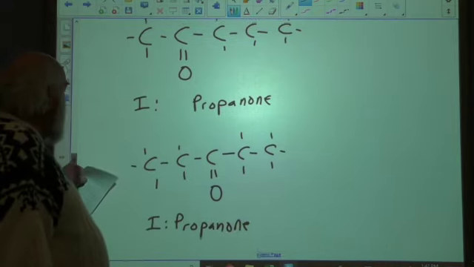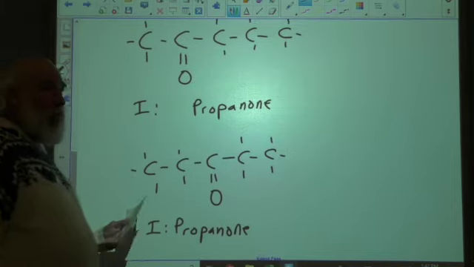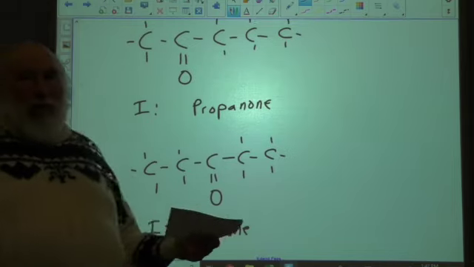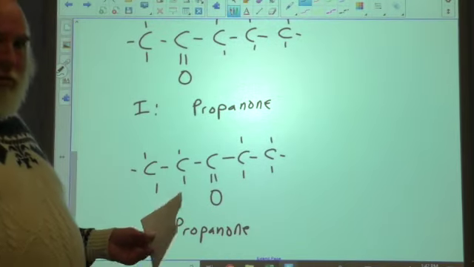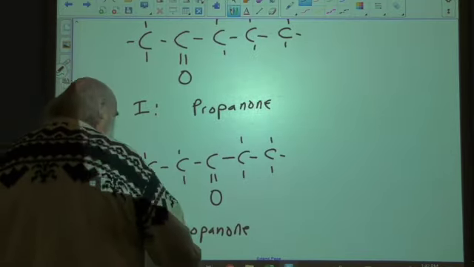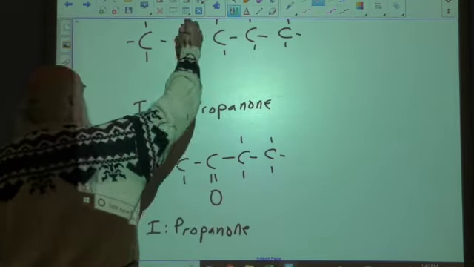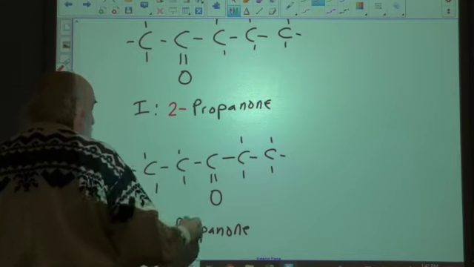Well, obviously, for the IUPAC, they came up with a statement that anytime you have ambiguity, numbers are going to have to be involved. So we have to number the carbon on which we find our carbonyl. And the carbonyl group is on the second carbon right here. So that's 2-pentanone. That's on the third carbon.